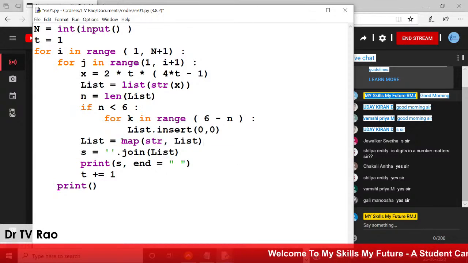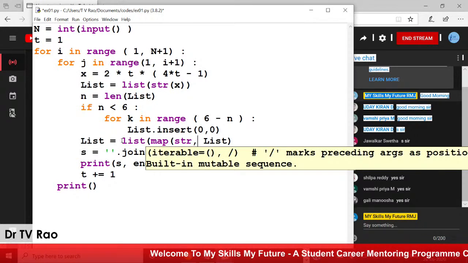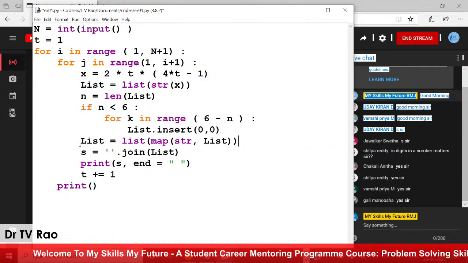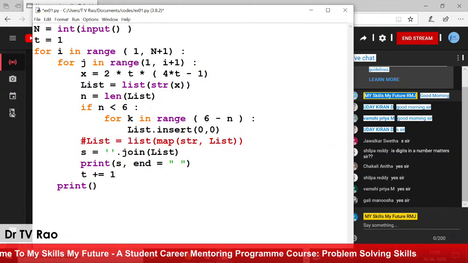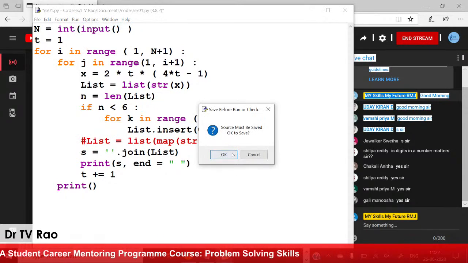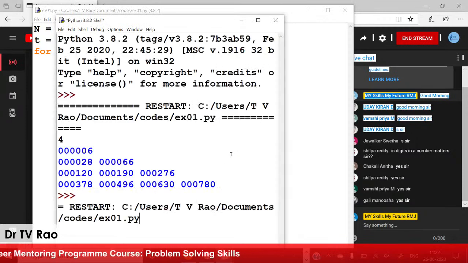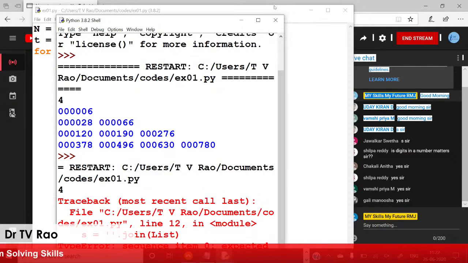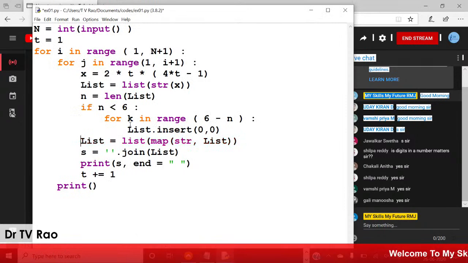Is this clear? And then make them a list. If you don't add this statement, you see what happens. You cannot join them. The reason being, some of them are integers and some of them are strings. Okay, how you can do that?